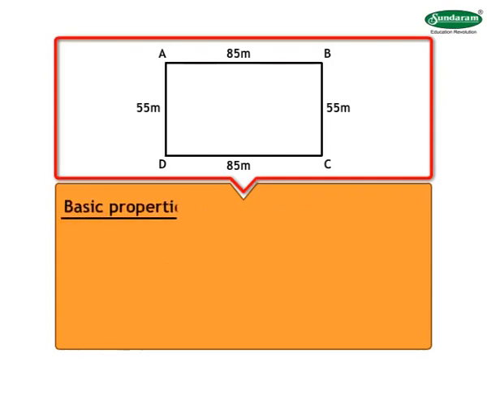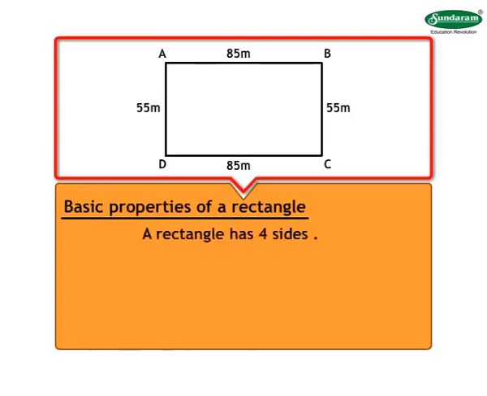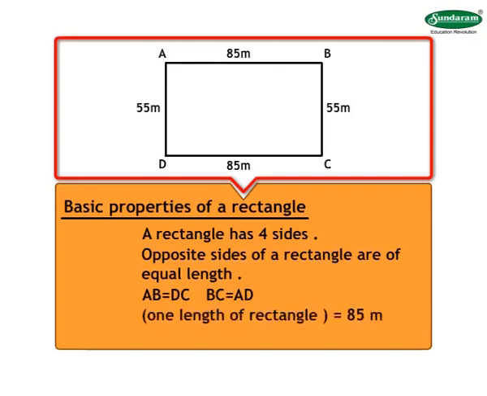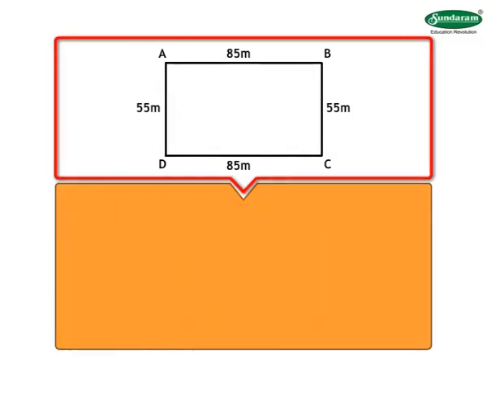Now, the basic properties of a rectangle are: a rectangle has four sides. Opposite sides of a rectangle are of equal length. Here, AB is equal to DC and BC is equal to AD. Therefore, since length of one side of the rectangle is 85 meters, the length of other side of the rectangle will also be 85 meters.